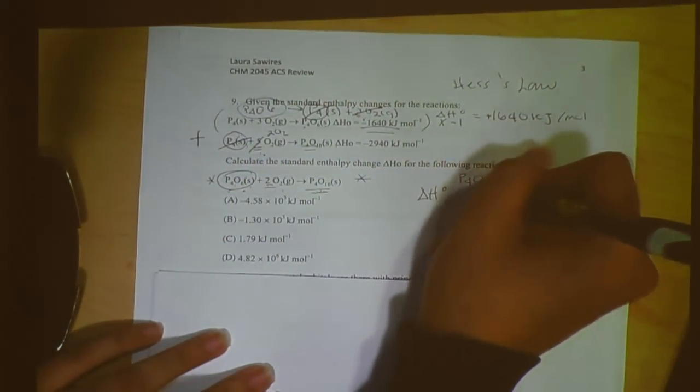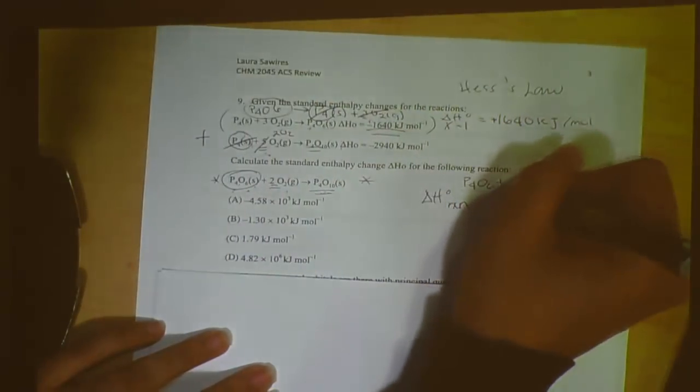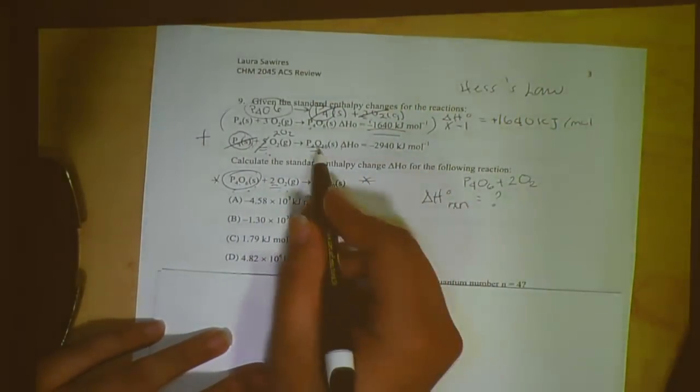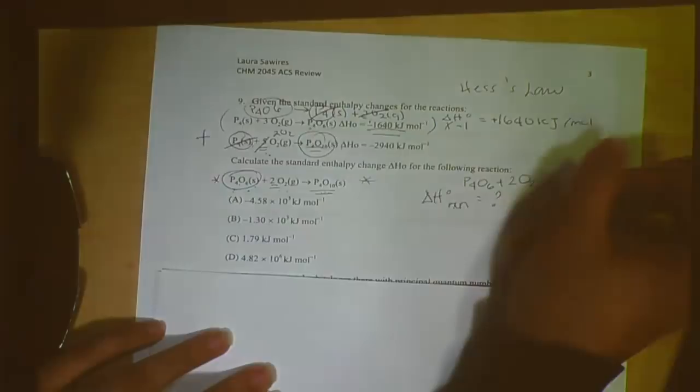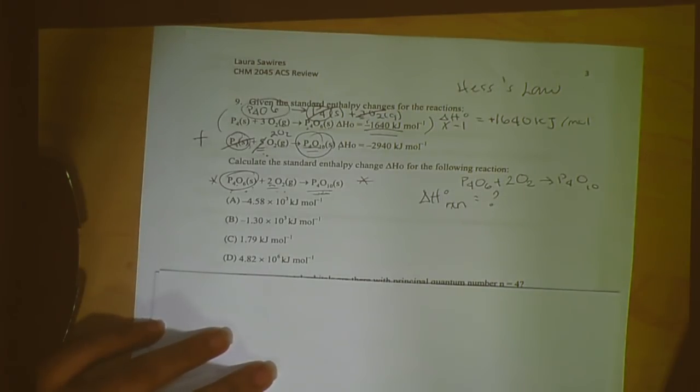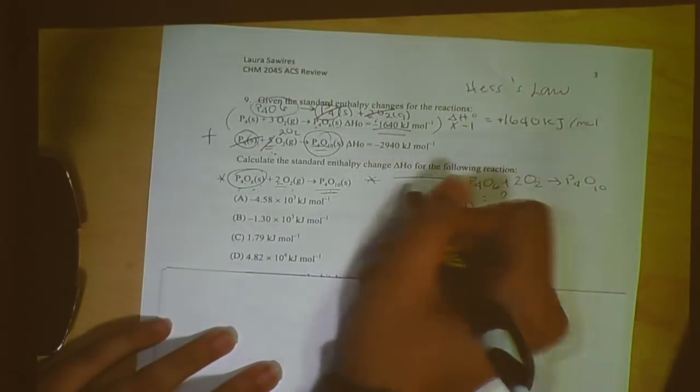The P4O6 remains because it's what I have here, so I'm going to have P4O6. I'm going to have the 2O2. And what I'm left with on the other side is the P4O10. That's just the way that I verify that what I did with the manipulation gives me the correct overall equation: you add them up, things cancel out, and things are going to remain. And the things that remain should 100% match the overall equation.